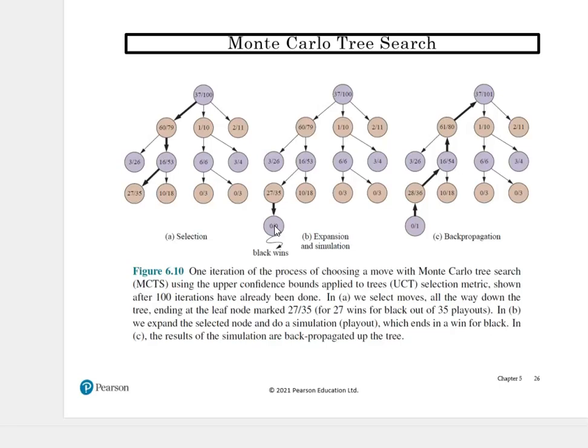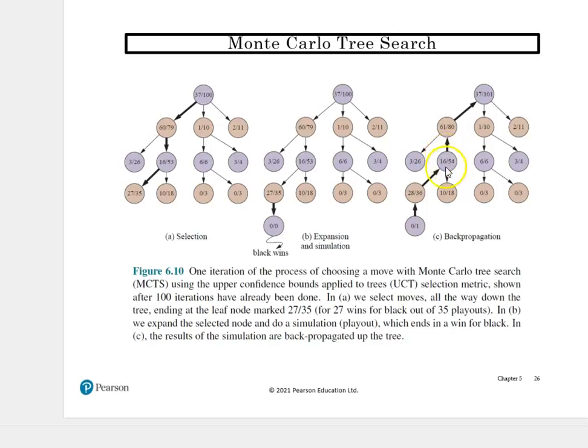And then backpropagation. That's the final step. We now use the result of the simulation to update all the nodes along the tree, all the way to the root. Since black won here, in this child right here, this one goes from 27 out of 35 to 28 wins out of 36.